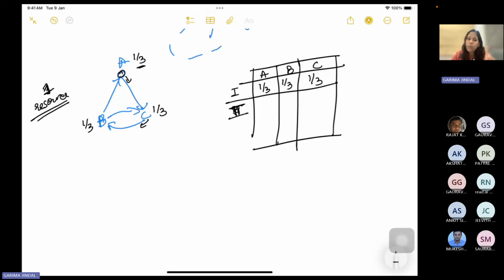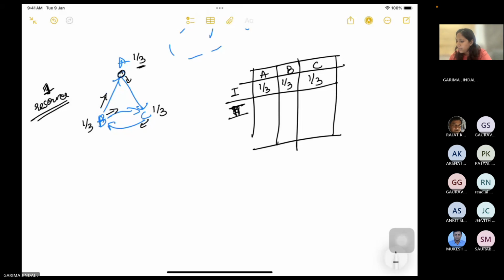And if we look at B, there are two outgoing edges, so B is distributing its resources to two different nodes.